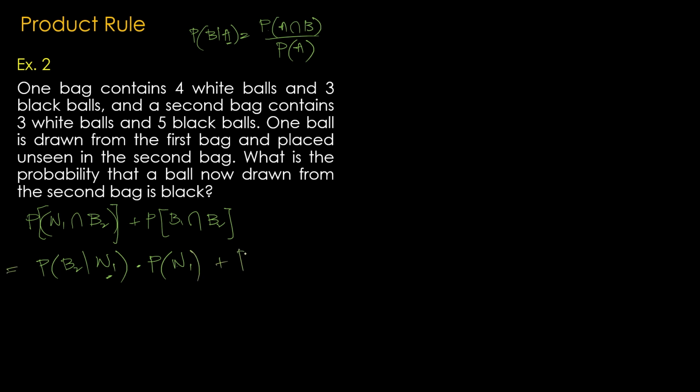This one is the denominator. Plus the probability of drawing a black ball in the second draw given that you've drawn a black ball in the first draw, multiplied by the probability of drawing a black ball in the first draw.